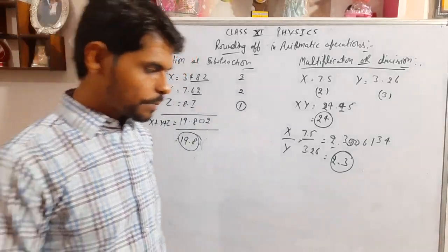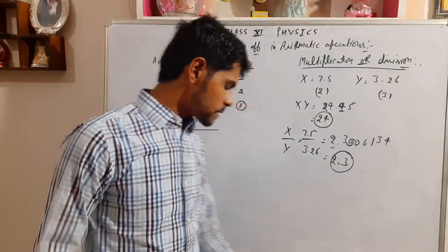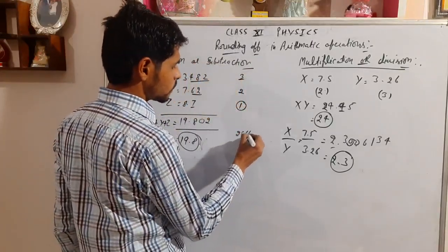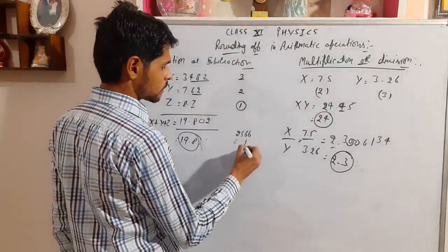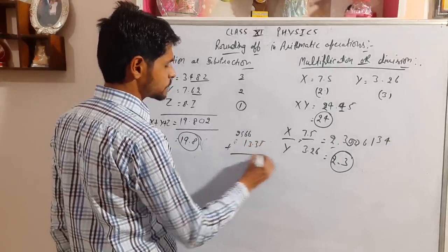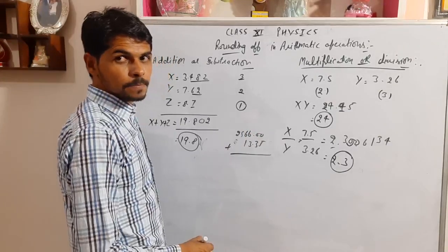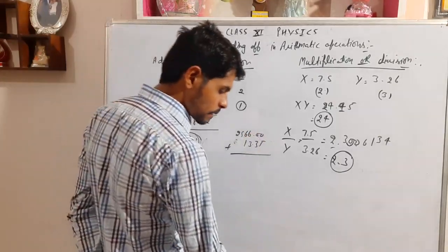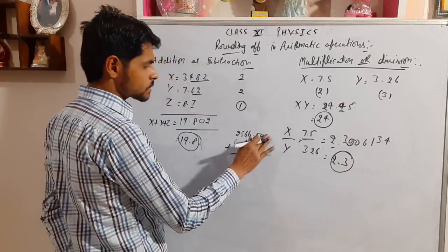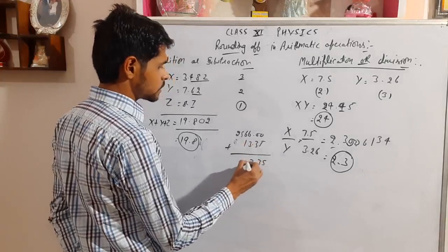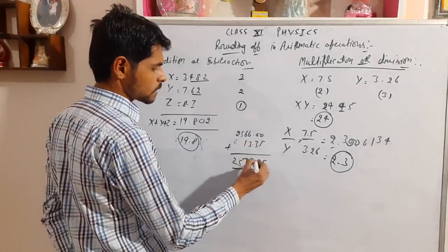I am taking some examples. Look at this. The example is 2566 plus 13.35. We have to add these. 2566 means 2566.00, so this is a number only, not counted in significant figures. If we are adding this, what will be the answer? 2579.35, this is the answer now.